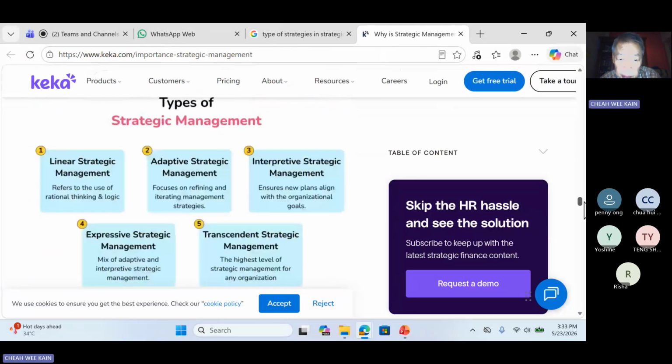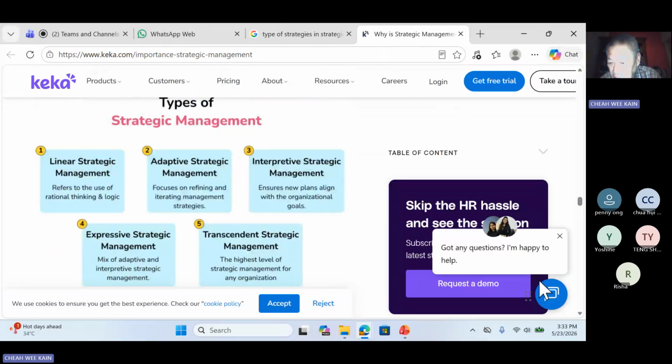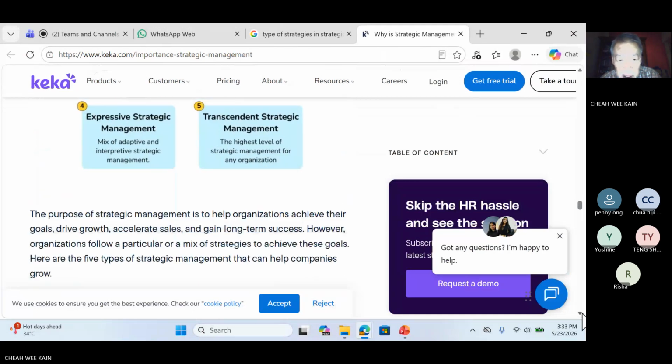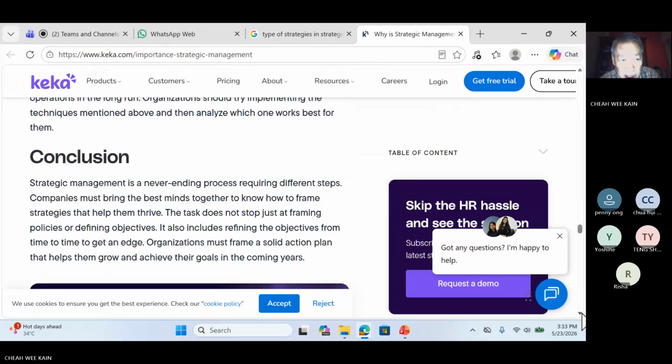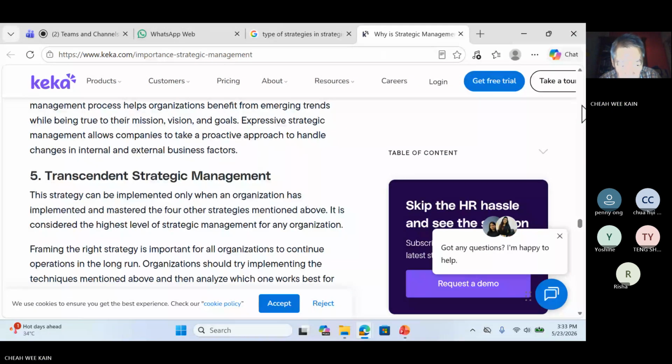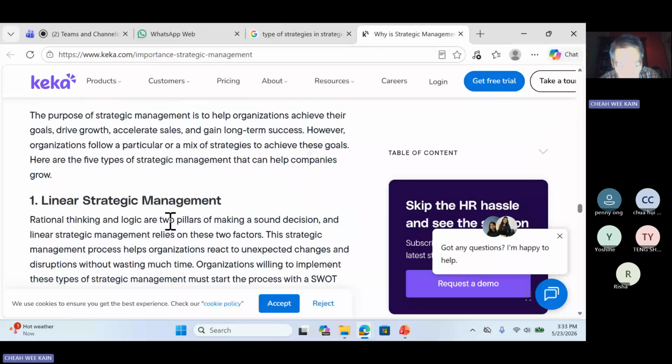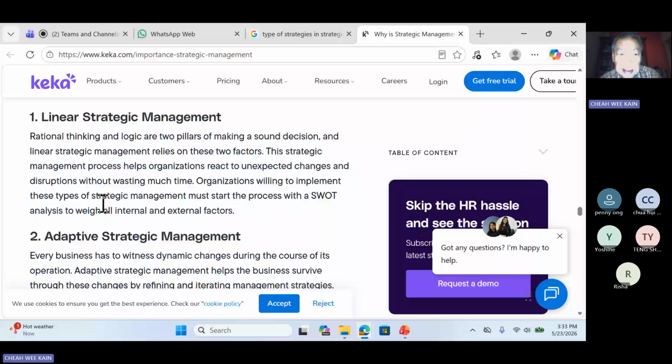Linear strategy management, adaptive strategy management, interpretive strategy management, transcendental, expressive. So let's say, for example, linear. Rational thinking and logic are two pillars of the decision-making style. This strategy management helps managers expect changes. Willing to implement this must start with the process of SWOT analysis to weigh all internal and external factors.